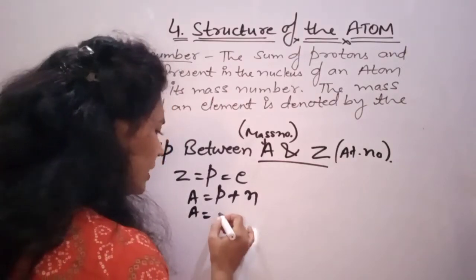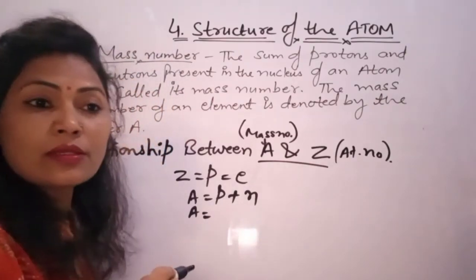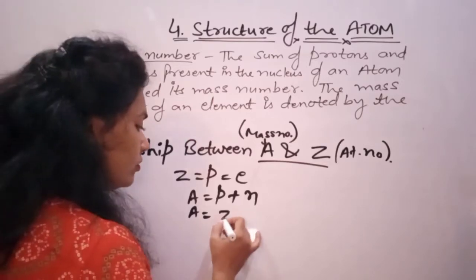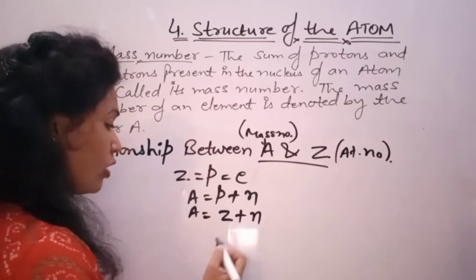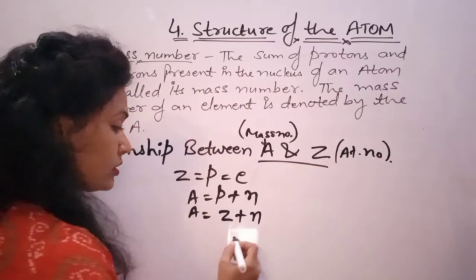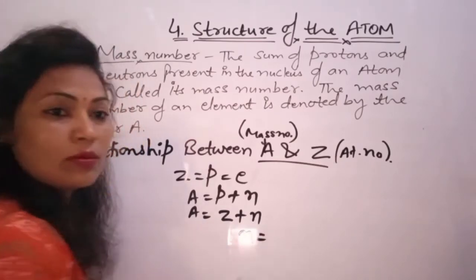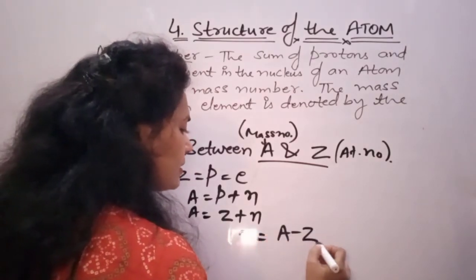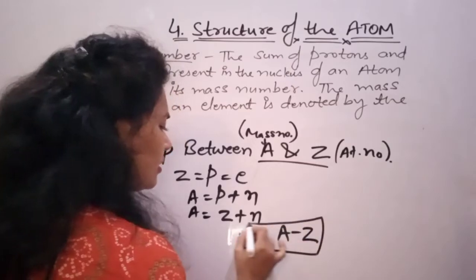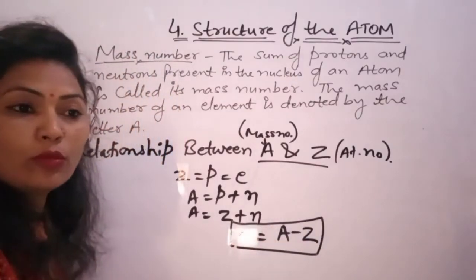So atomic number is Z, plus number of neutrons N. So how can we find the number of neutrons? Number of neutrons equals A minus Z. So this is another formula.